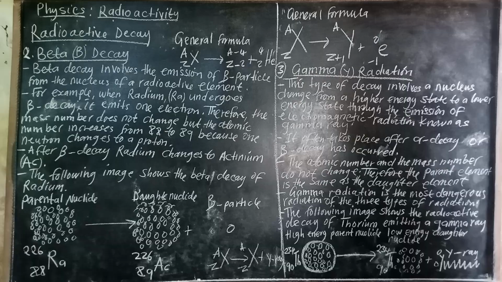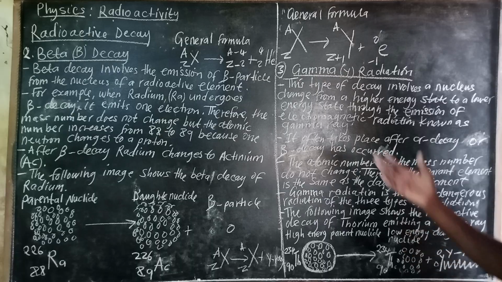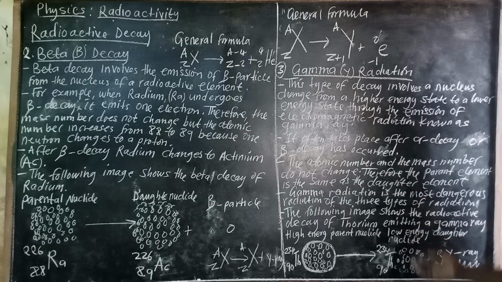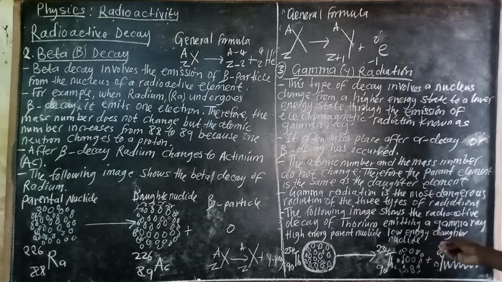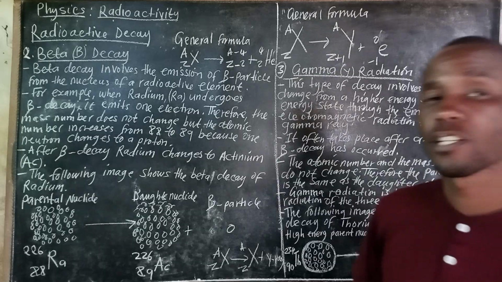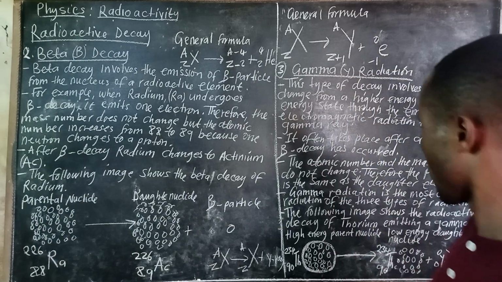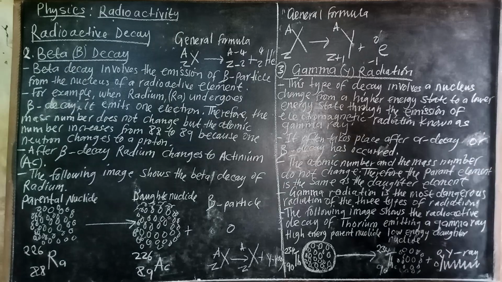Therefore, the parent element is the same as the daughter element. Nothing changes, unlike the other two. Of the three types of radiation, gamma is the most dangerous, because it damages things.